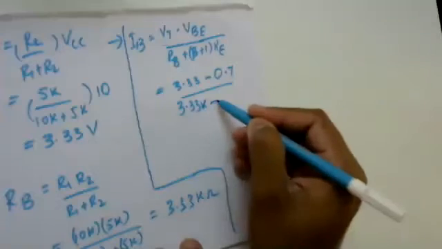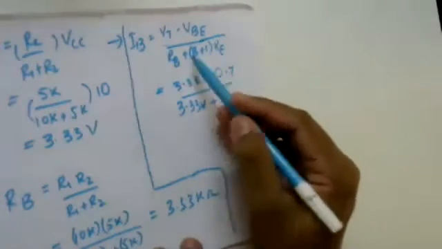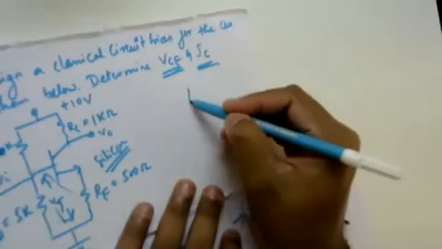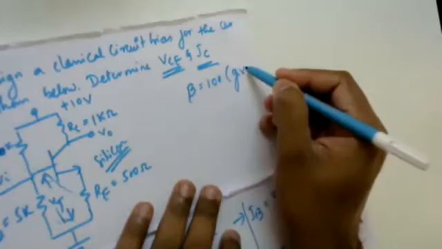3.33 K plus what's the value of beta? He has already given the value of beta in the numerical. I have missed out on that. He has given beta is equal to 100. So this is the given data.